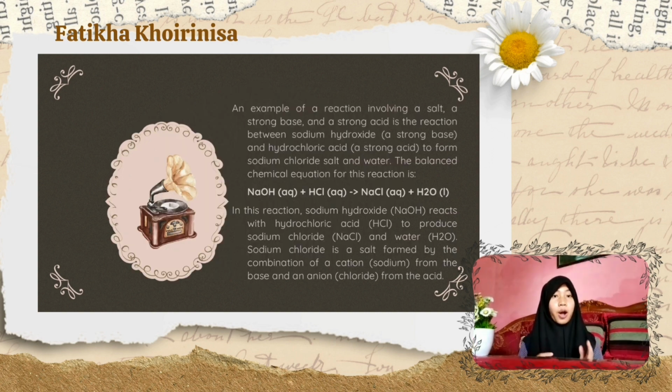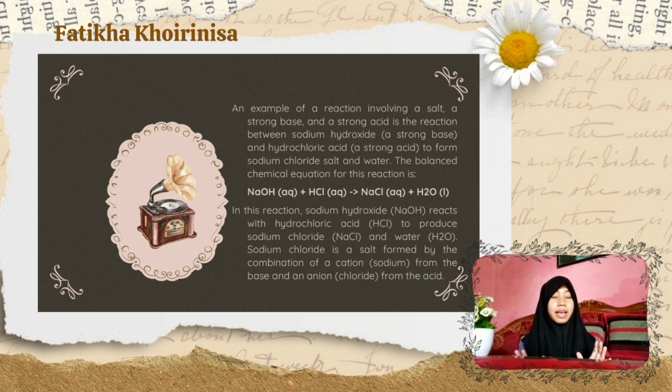An example of a reaction involving a salt, a strong base, and a strong acid is the reaction between sodium hydroxide, a strong base, and hydrochloric acid, a strong acid, to form sodium chloride salt and water.